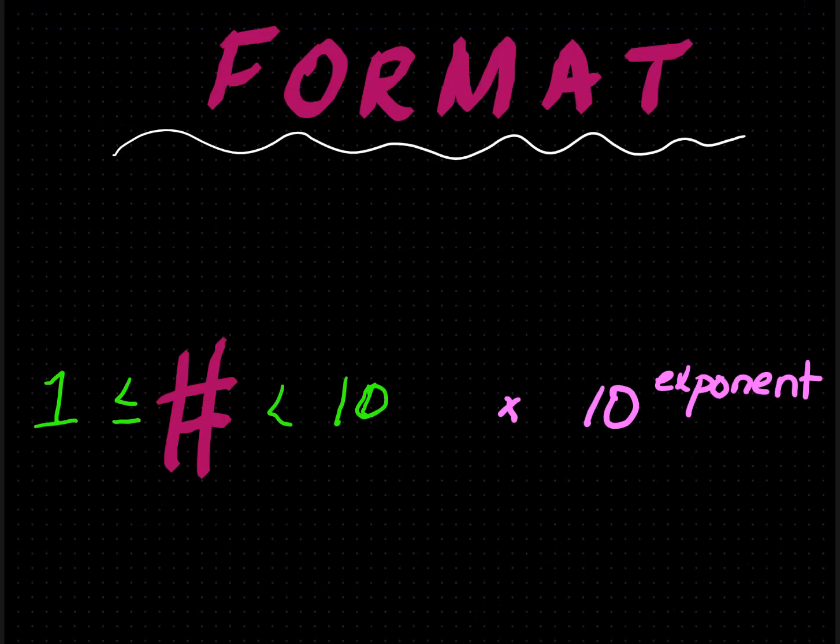When we are talking about scientific notation in chemistry class, we are talking about proper scientific notation. Proper scientific notation consists of the first part in which there is only one digit to the left of the decimal, so the number must equal 1 or be greater than 1 and less than 10.